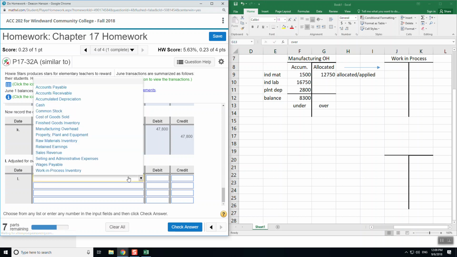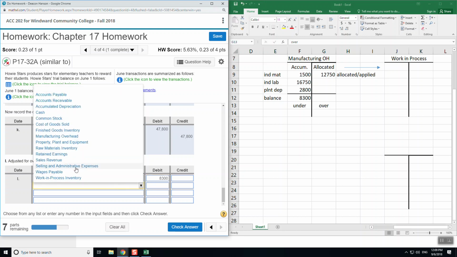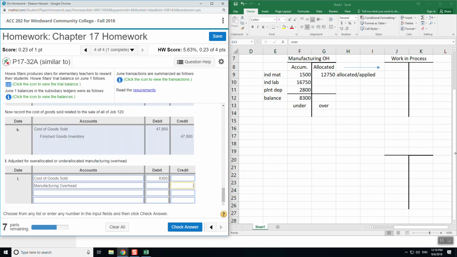So what we're gonna do is we're gonna charge cost of goods sold. So it basically becomes part of, it's reflected in your gross margin. Right? It ends up in your net income. So it's still reducing net income. And then what we'll do is we will credit manufacturing overhead by 8,300.